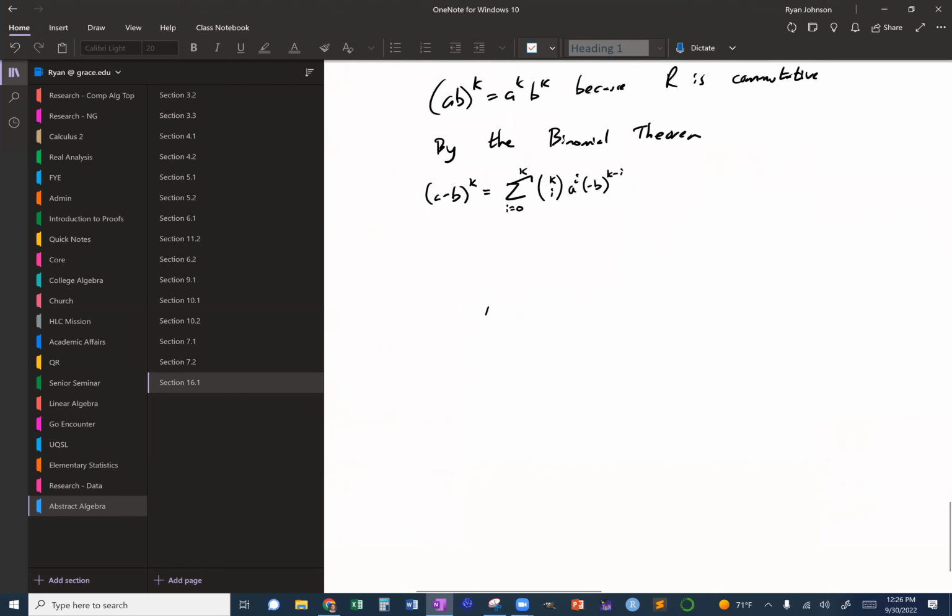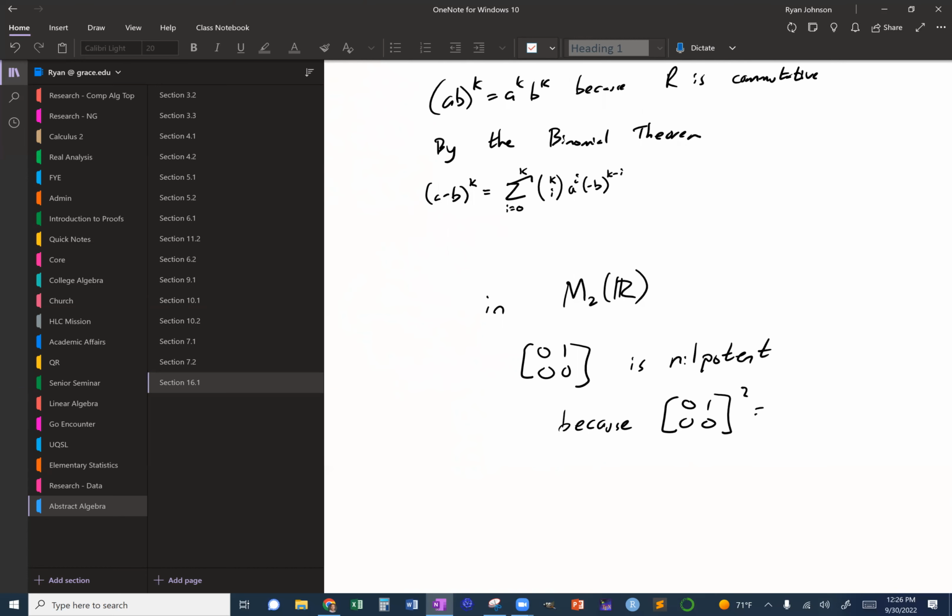In the 2x2 matrices, [[0,1],[0,0]] is nilpotent, because [[0,1],[0,0]] squared equals, when you do row, column, 0, row, column, 0, row, column, 0, row, column, 0.